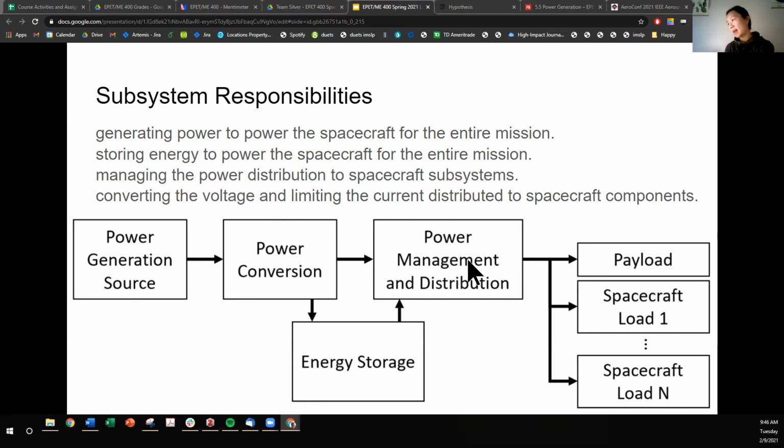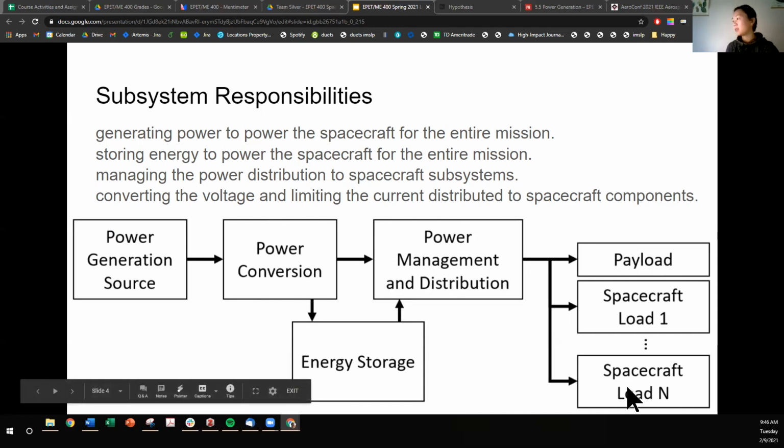And then further, that power management and distribution conditions that voltage to varying specific points to the payload and other spacecraft loads. Typically in our CubeSat, we'll see voltage lines of 5 volts and 3.3 volts.